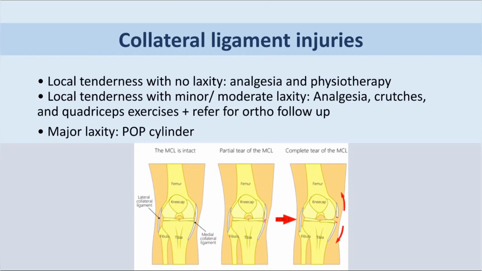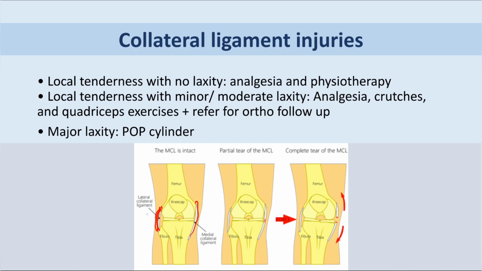For the collateral ligaments, we have two ligaments, the lateral collateral ligament and the medial collateral ligament. Local tenderness will be there with no laxity. If the patient has just tenderness but no laxity, the patient should be given analgesia and physiotherapy.